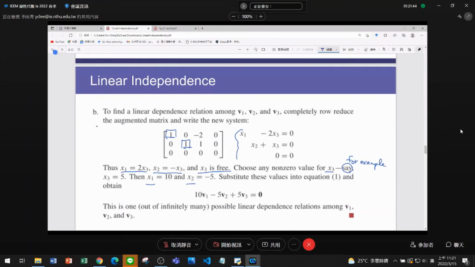For example, if I choose x3 equals to 5, then x1 automatically becomes 10, x2 automatically becomes negative 5. And then I can substitute these values into the equation provided in example 1. And then we will obtain such an equation. And this is one out of infinitely many possible linear dependence relations among v1, v2, and v3.